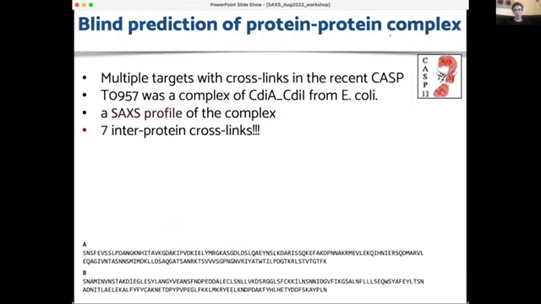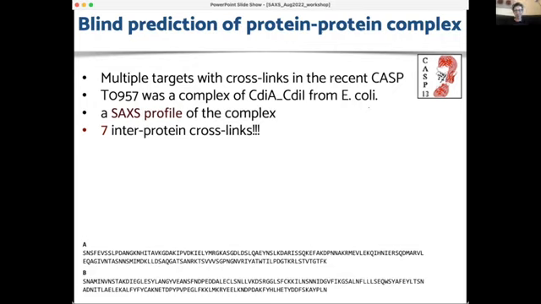And what was interesting is that 2 years ago and 4 years ago, CASP was actually running data-assisted experiments. I don't know why they didn't do it this time. And there was an interesting complex that had the SAXS profile and cross-linking data sets.